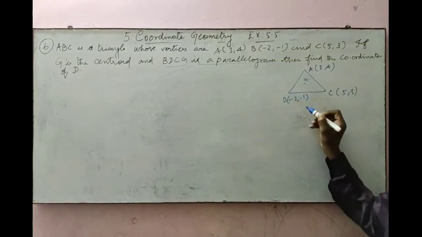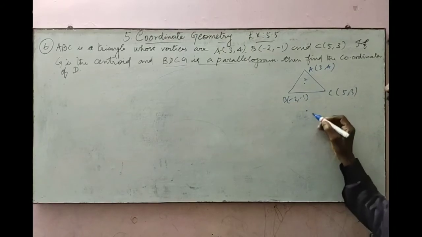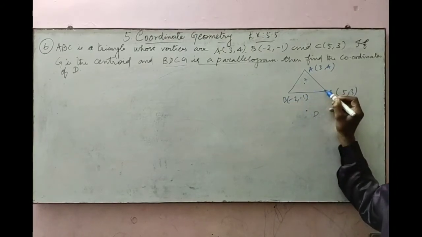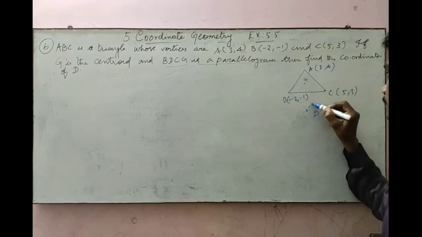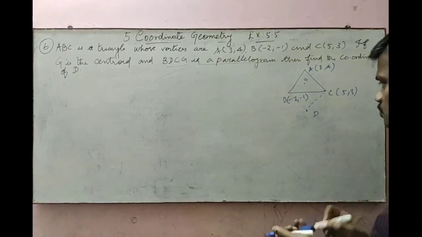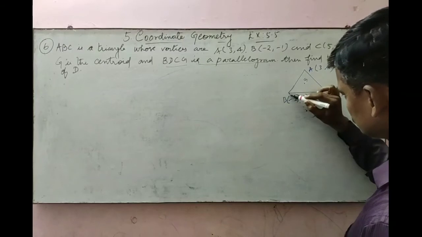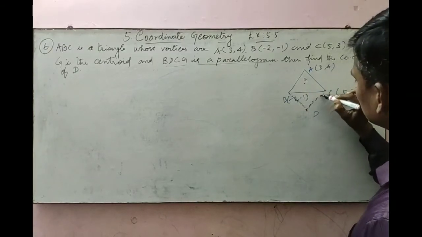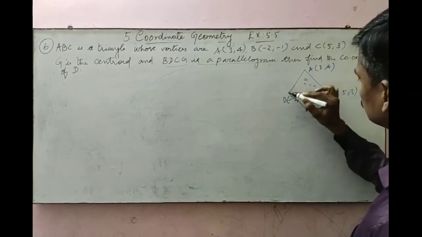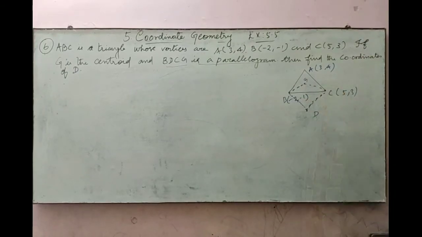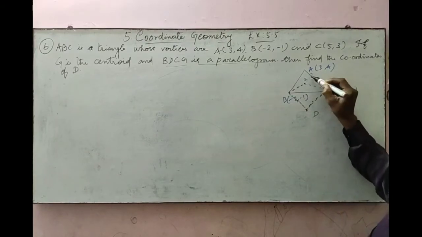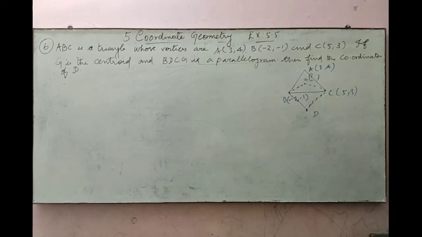B, D. We have to mark a point D, and this is G, CG. So this forms a parallelogram. We have to prove that BDCG is a parallelogram. First we have to find the coordinates of G, that is the centroid.